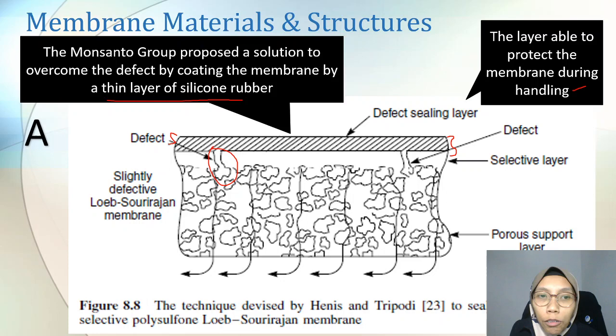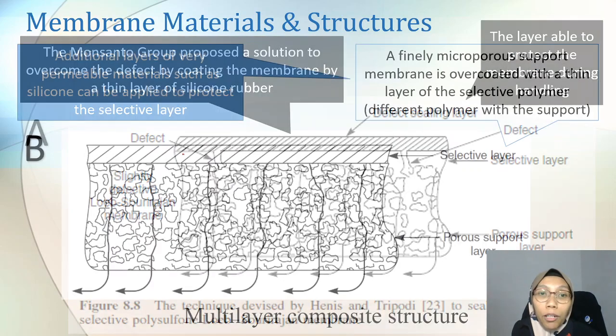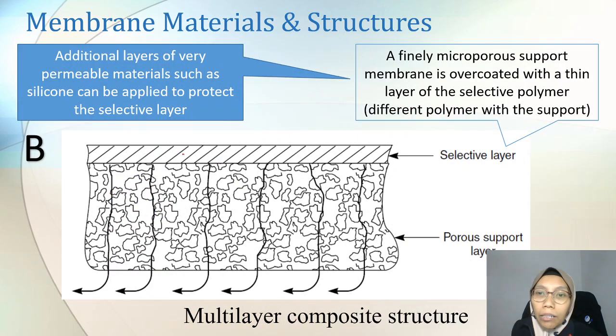This thin layer can be coated by silicone rubber or another type of membrane, which we call a multi-layer composite structure, where we add another selective layer such as PDMS to cover your very small pores.